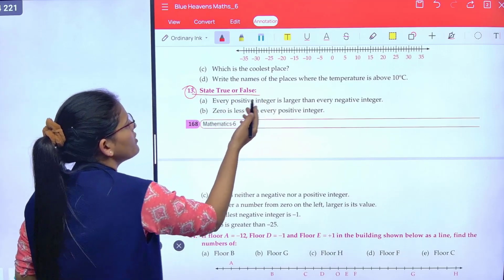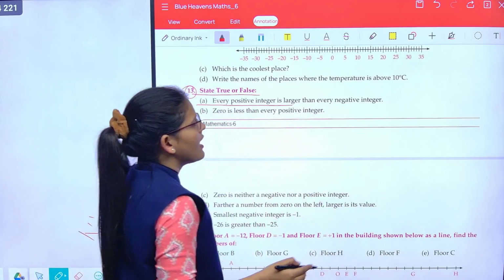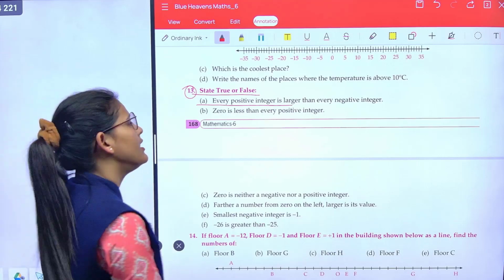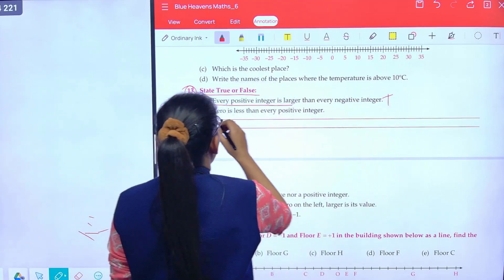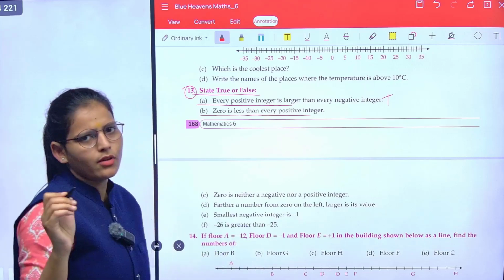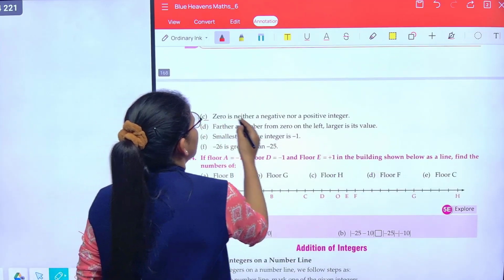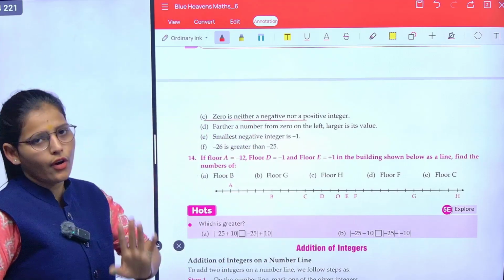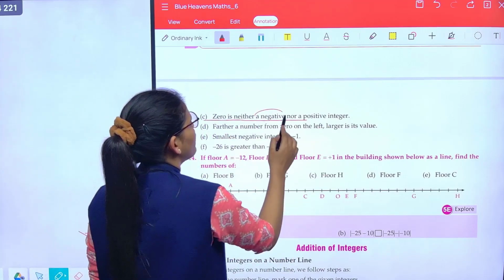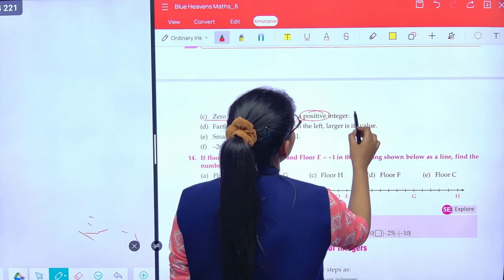State true or false. Every positive integer is larger than every negative integer. Yes, true. 0 is less than every positive integer. Yes. Now 0 is neither negative nor positive. ना तो क्लास वो नेगेटिव होता है ना ही पॉजिटिव होता है. Class it is true.